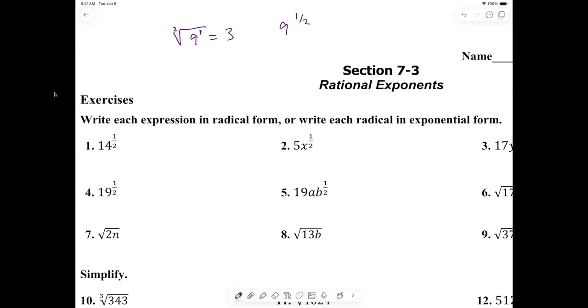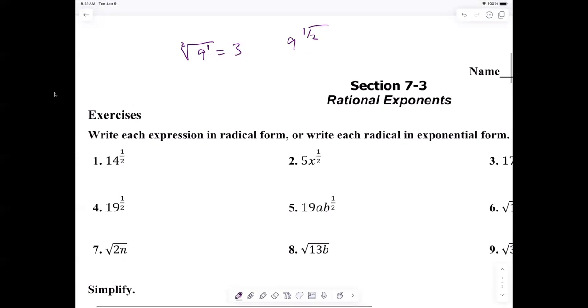So the numerator is always the power, and the denominator is always the what? The root. Whether it's a square root, believe it or not, there's a cube root, a fourth root, a fifth root. All of them are possible.